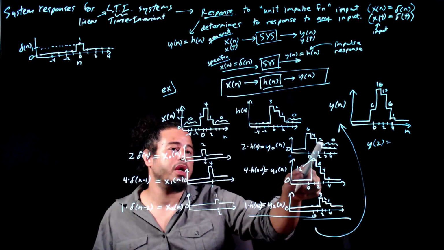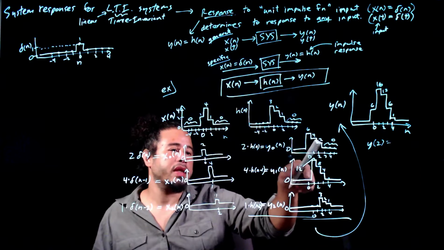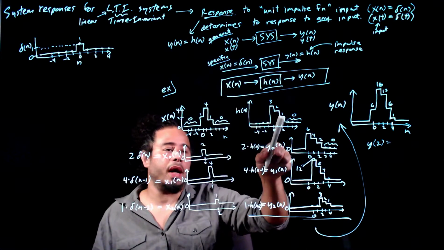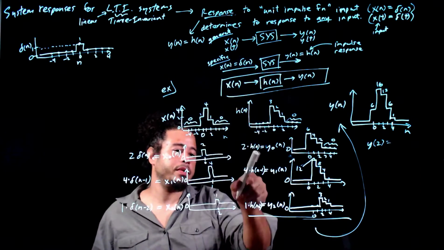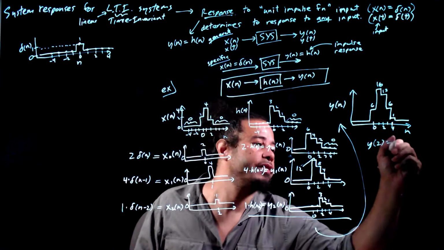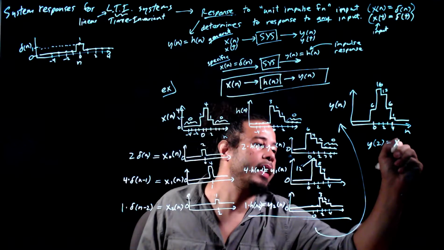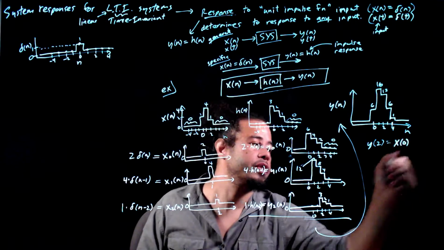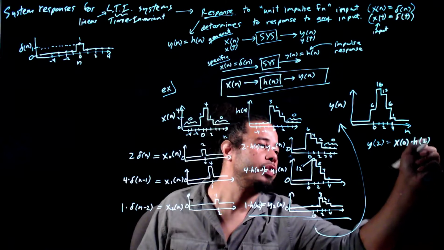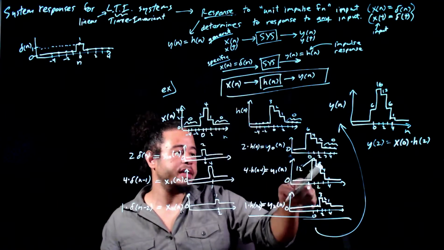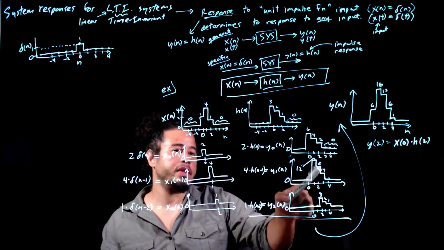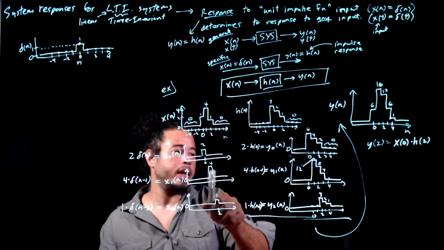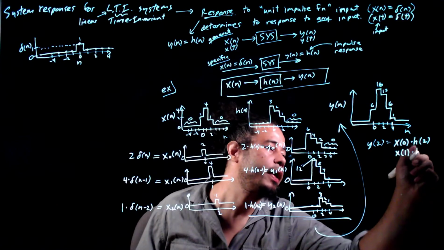is h of 2, which is 1, multiplied by x of 2, which is 2, right? So y of 2, the first term in it is x of 0, which is equal to 2, multiplied by h of 2. And then the second thing we're going to add in is the 8. But where does that 8 come from? Well, the 8 comes from the second step in this impulse response function, which is h of 1, multiplied by x of 1.